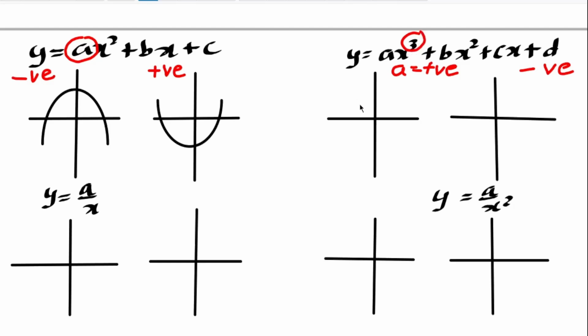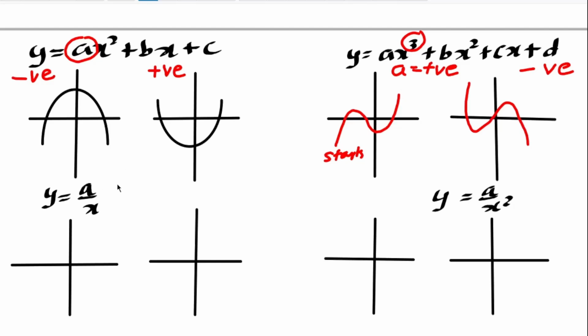So the positive cubic always starts from this quadrant, and the shape will be like this. The negative one starts from here and shape will be like this. So you need to memorize these 4. When it is positive what, when it is negative what.